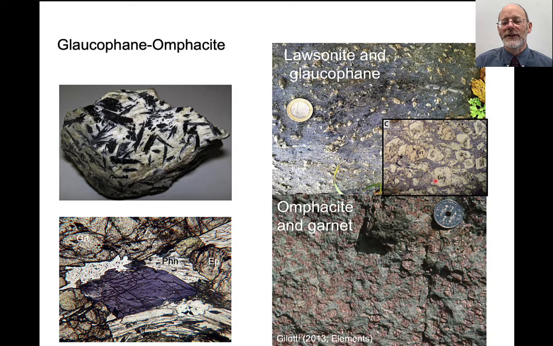The white crystals here are lawsonite. And here again is another thin section photomicrograph with a big garnet, phengite, epidote, and this nice purple crystal here is glaucophane. Omphacite is the green mineral in this rock, and the red mineral is garnet. So this is a classic eclogite, the garnet plus omphacitic pyroxene.